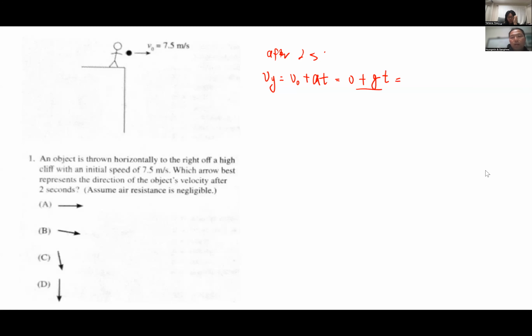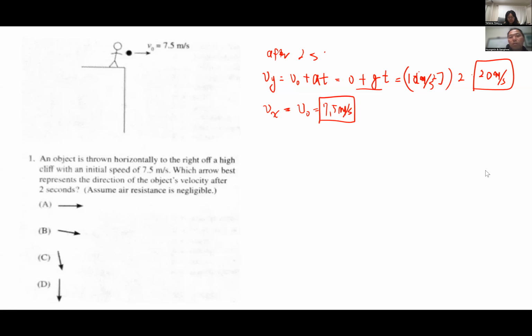So after 2 seconds, that will be 10 meters per second squared times the 2 seconds. So that should be 20 meters per second. And in the horizontal direction, there's no acceleration component, so it should be the same as the initial velocity, which is 7.5 meters per second.